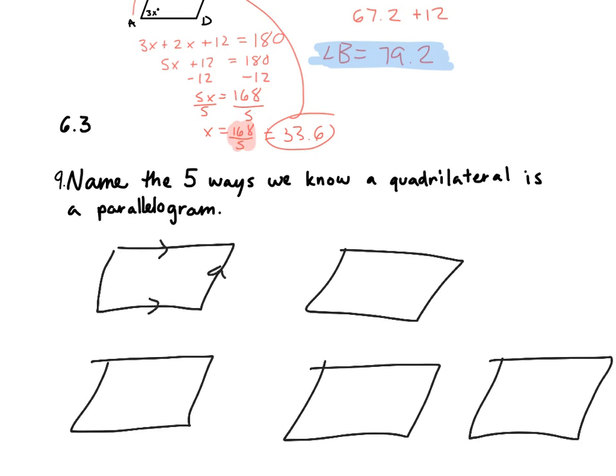Perfect. Peter, what's another way? Both pairs of opposite sides are congruent. Alexis? The diagonals bisect each other.